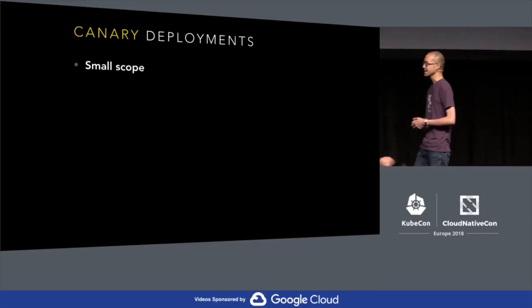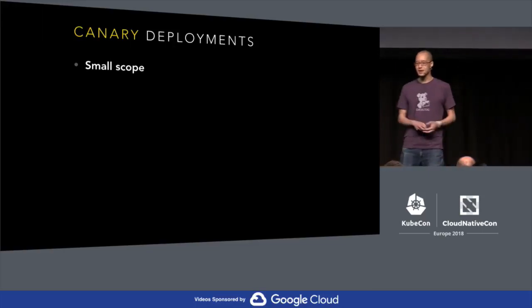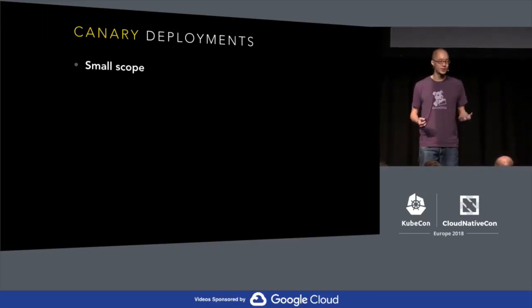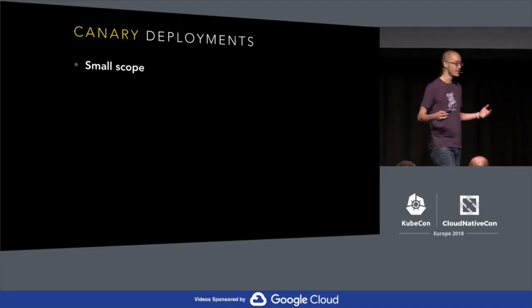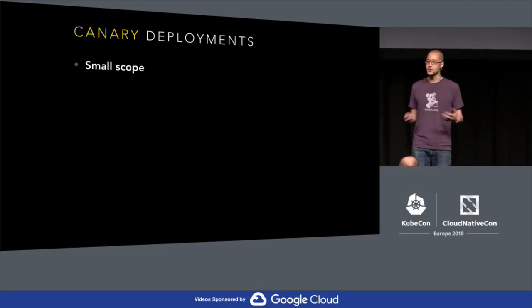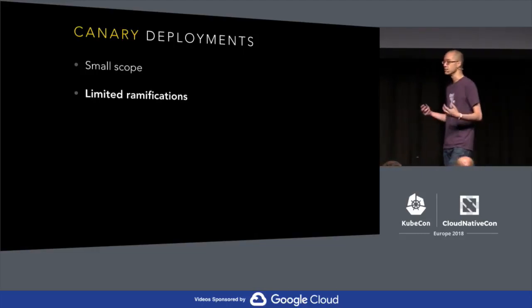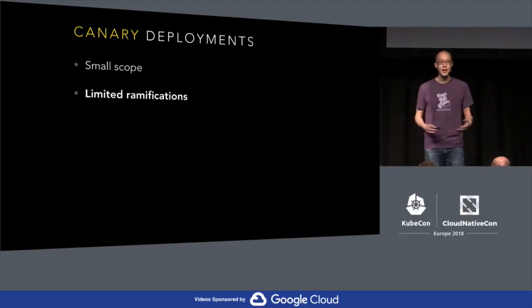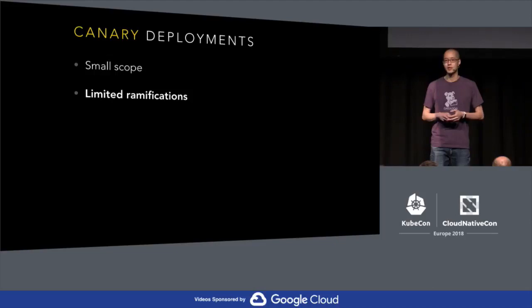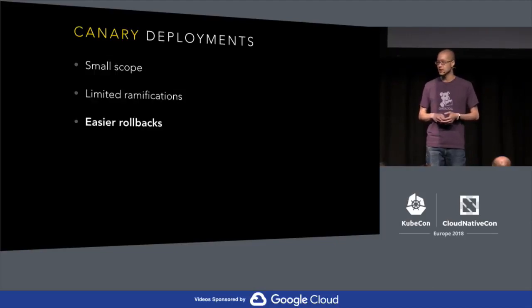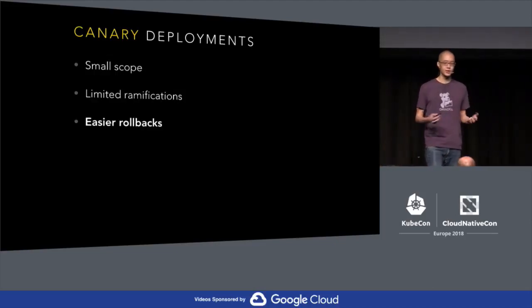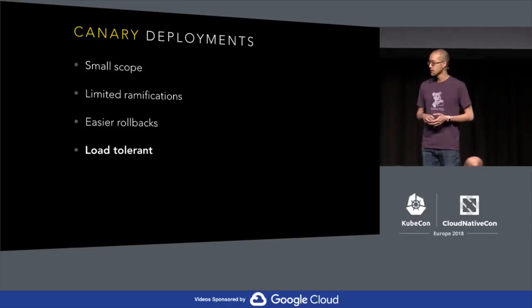So Canary deploys, again, the benefits are, you get a lot of the similar benefits of rolling deploys, but really, the bigger benefit that you have now is you have a small scope, right? You're only deploying to limited people, and that means your ramifications are much more constrained. Easier rollbacks, again, this also happens with rolling deploys.